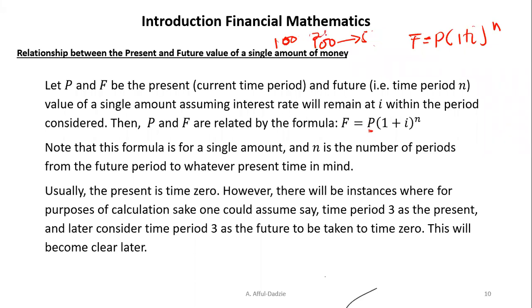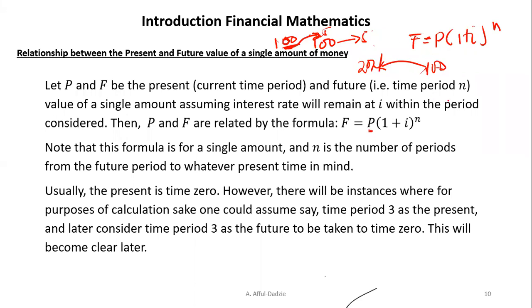In 2025, what would 100 cedis be? So today I have 100 cedis, I want to take it into 2025, and that's 4 years. I can also say, if I have 100 cedis in 2025, what would be its equivalent in 2021 now?